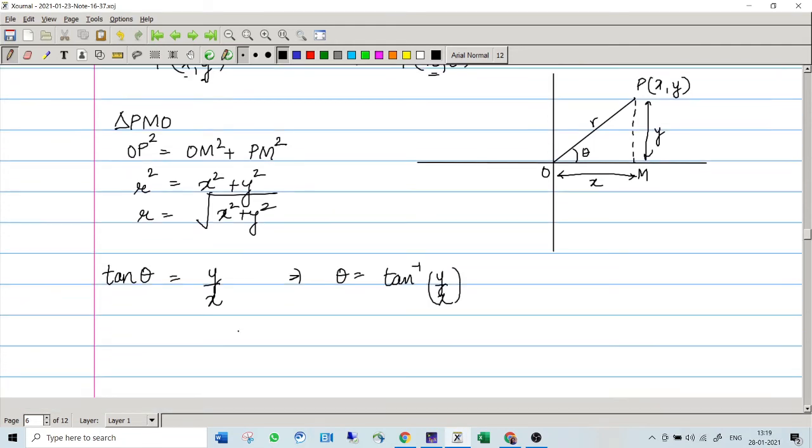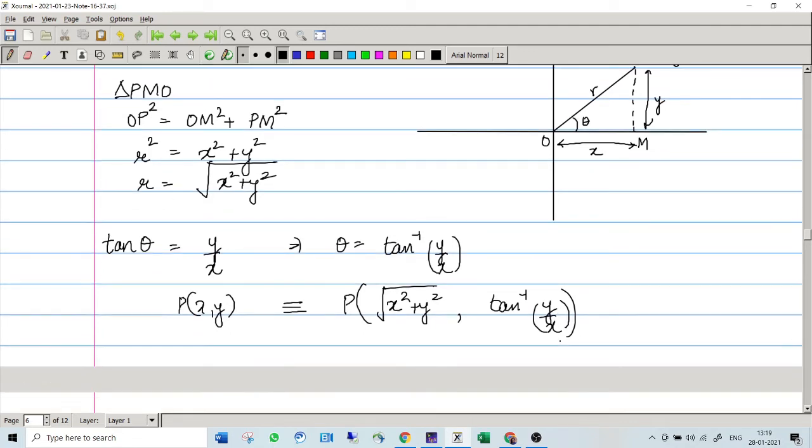So your point P(x, y) now becomes, in the form of polar coordinates, P of r, which you have obtained as this thing, and comma theta, which is precisely tan inverse of y by x. Right? These are the coordinates in the form of polar coordinates.